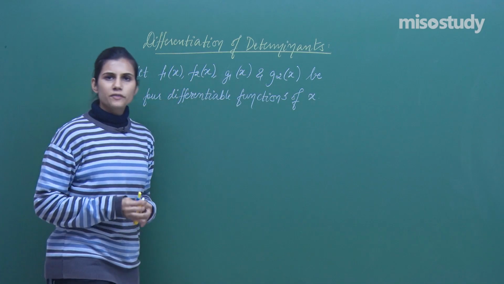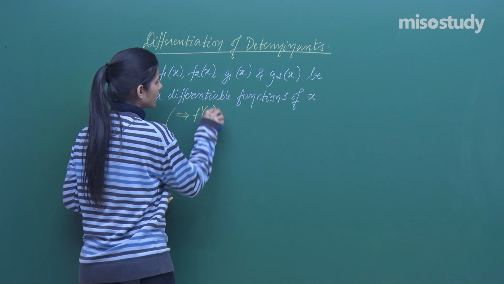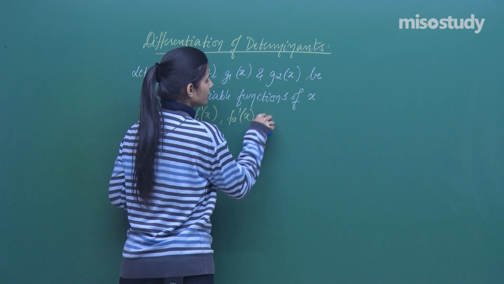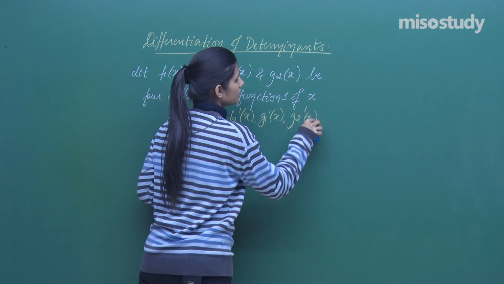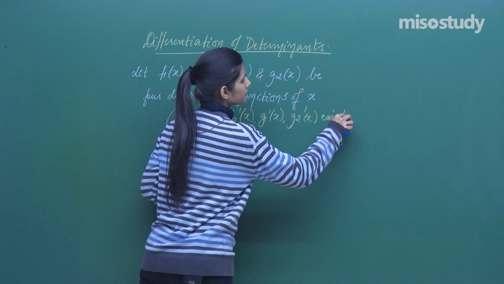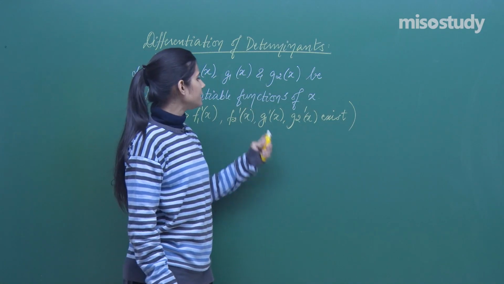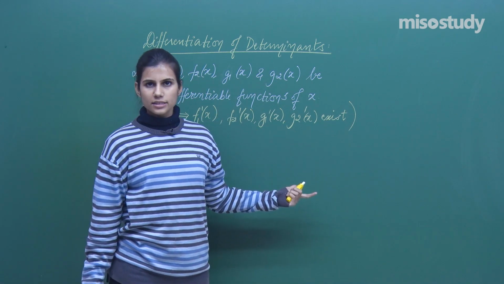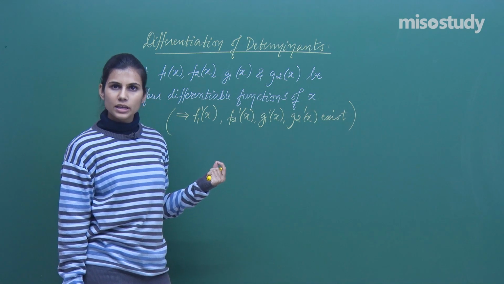This means what? That f1 dash x, f2 dash x, g1 dash x, g2 dash x exist. Or I can write d by dx of f1, d by dx of f2, d by dx of g1, d by dx of g2, which we write like this, that exists full-fledgedly, nicely, because they are differentiable functions. Fine.